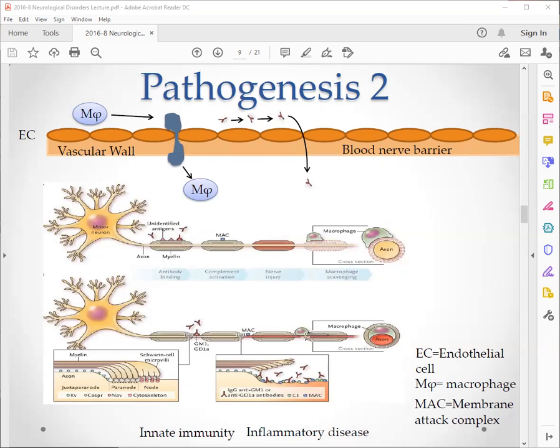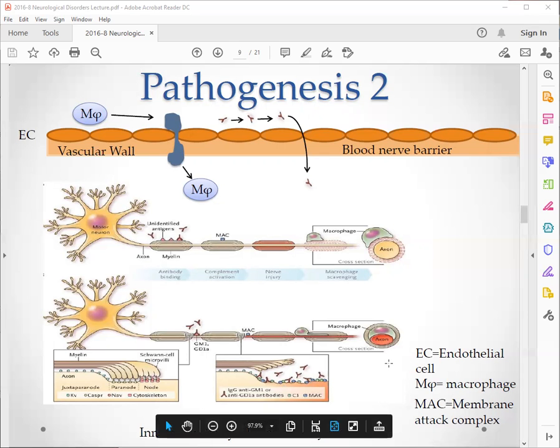Same thing with macrophages that are ultimately recruited to that area. And so these antibodies binding form what's called a membrane attack complex. And again, that's what this process describes.